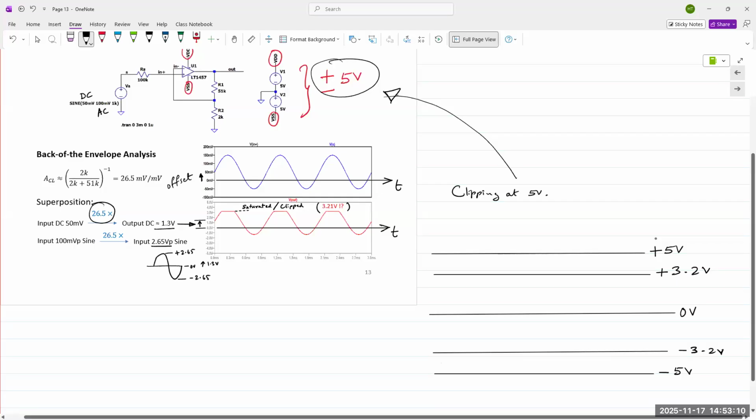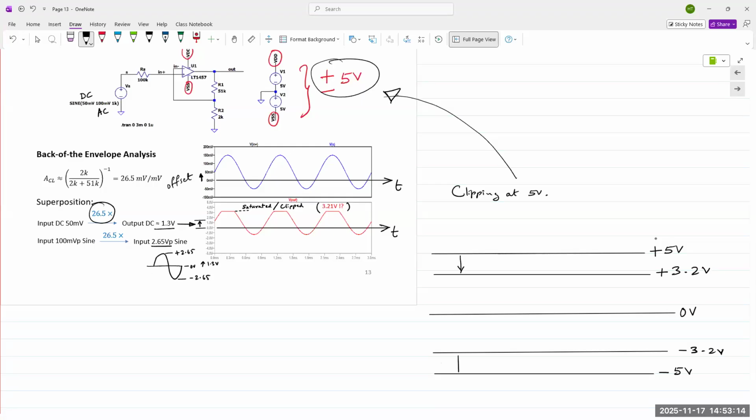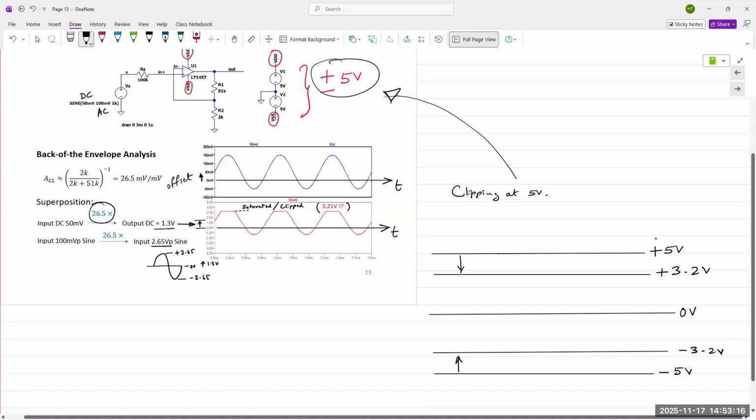So the op amp itself took up a certain portion, right? So now, if your waveform is at 0 and it fits between these two swings, it will be like this.